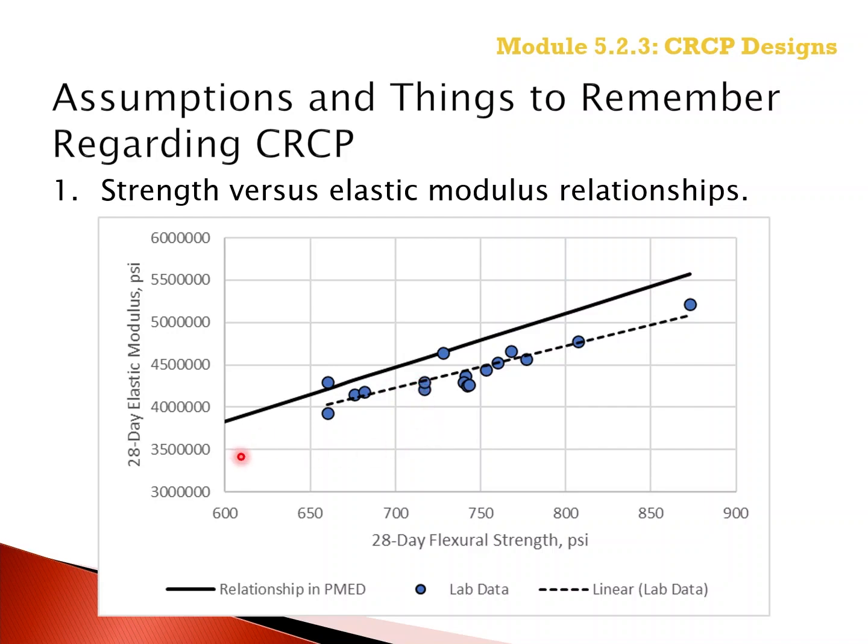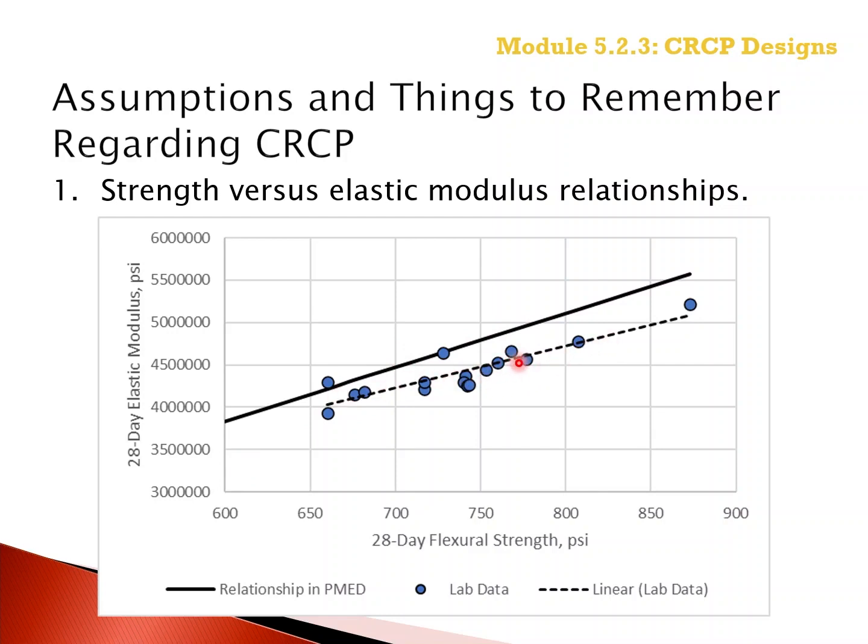As displayed, there can be a difference or bias between the regression equation included in the Pavement ME design software and the strength elastic modulus values measured in the laboratory for specific concrete mixes.